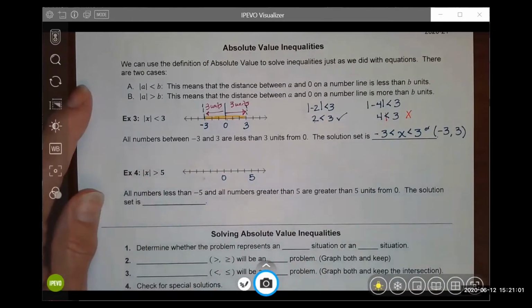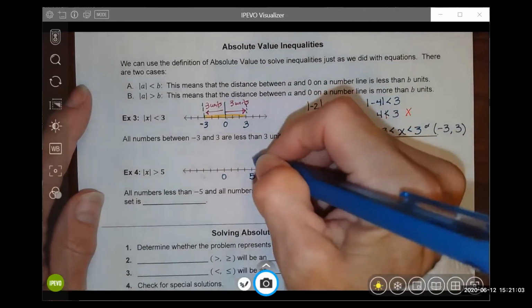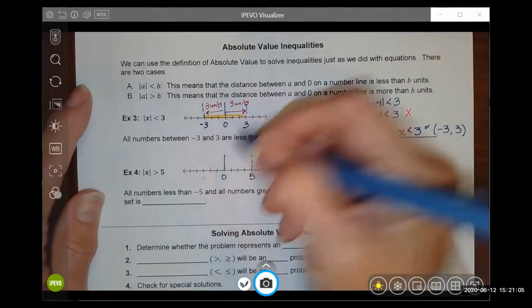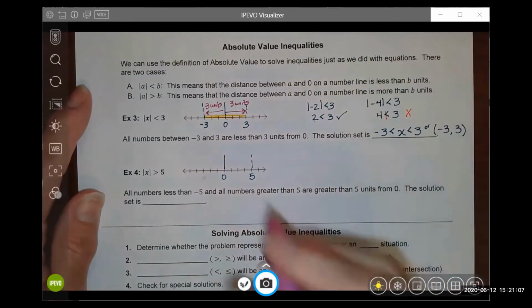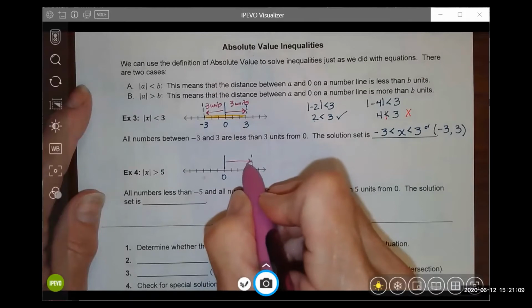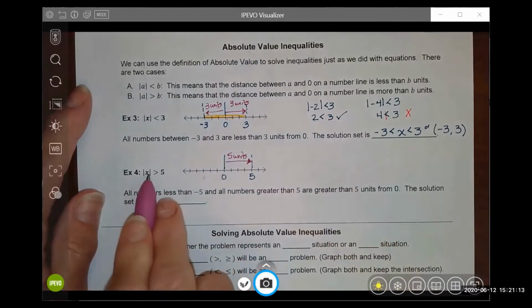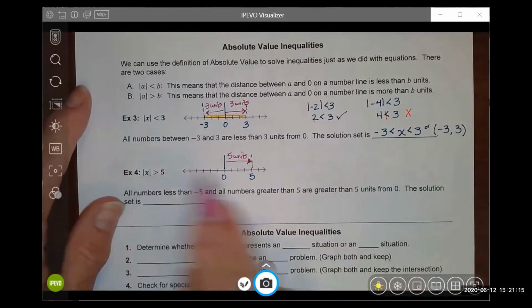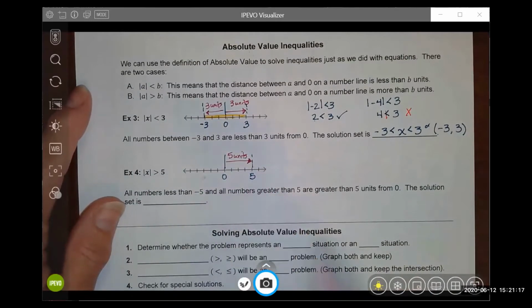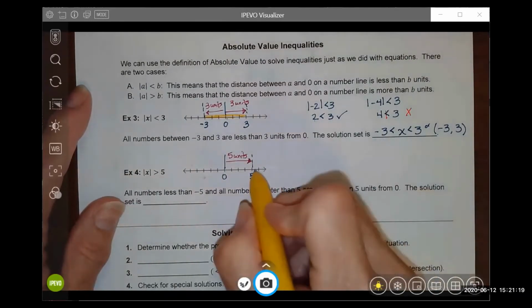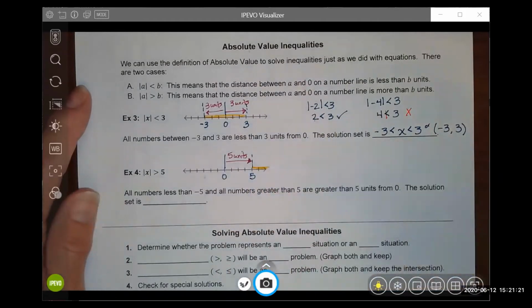That's what this inequality is telling me. So again, the distance from 0 to 5 is 5 units, and whatever the absolute value of x is, it has to be more than that 5 units. So I know that my solutions have to lie out here.